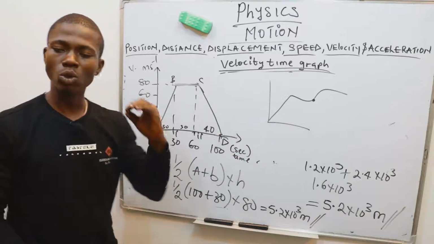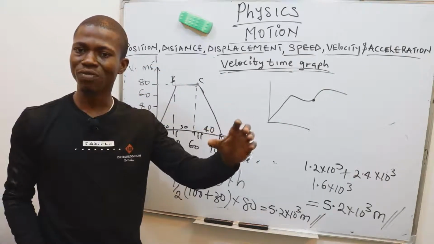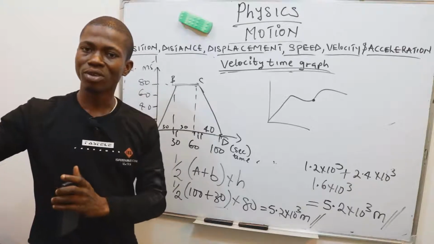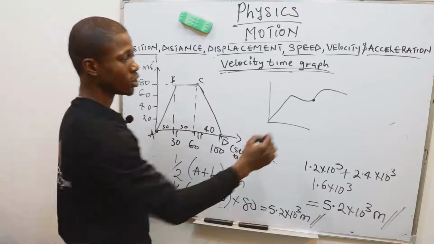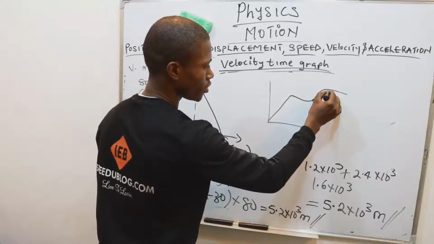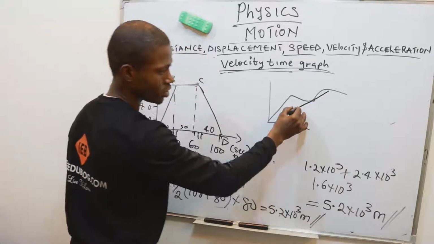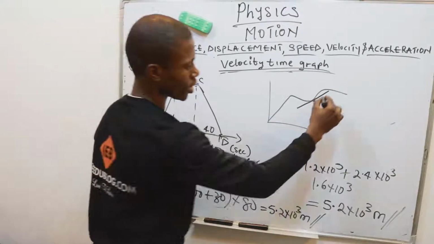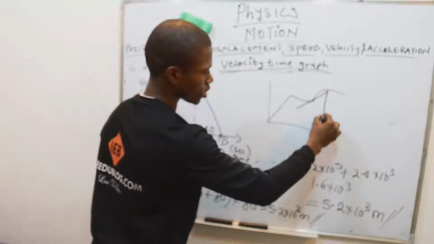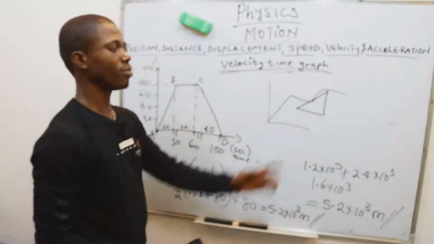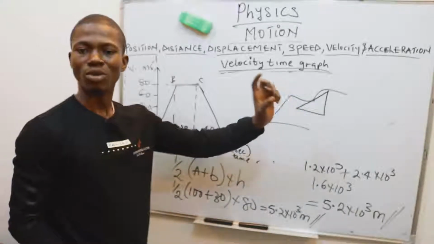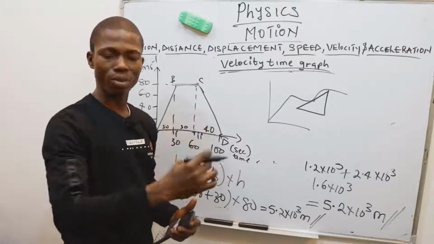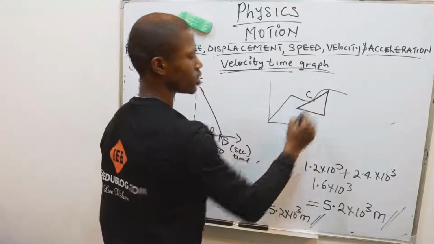How do we go about finding this instantaneous velocity, or in terms of acceleration, variable acceleration? All you got to do is just draw a straight line from here and cut this. Once you draw this straight line, complete your line like this. And from here you can find your instantaneous velocity or variable acceleration at this point C.